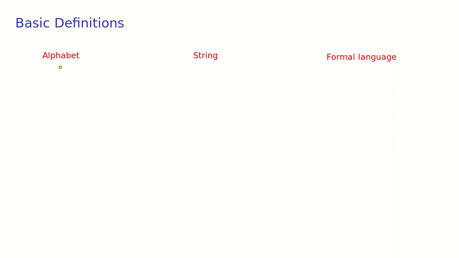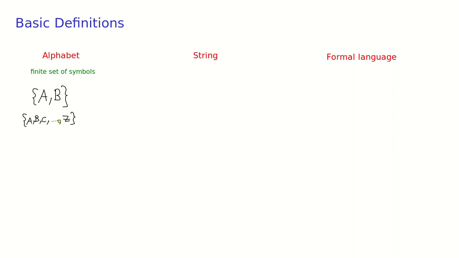So an alphabet is a finite set of symbols. Finite set of symbols, that's the definition of an alphabet. For example, this is an alphabet. It's a set that contains 2 symbols, the symbol A and the symbol B. It's a finite set, and notice sets we write in curly brackets, and the elements inside the set we separate by commas.